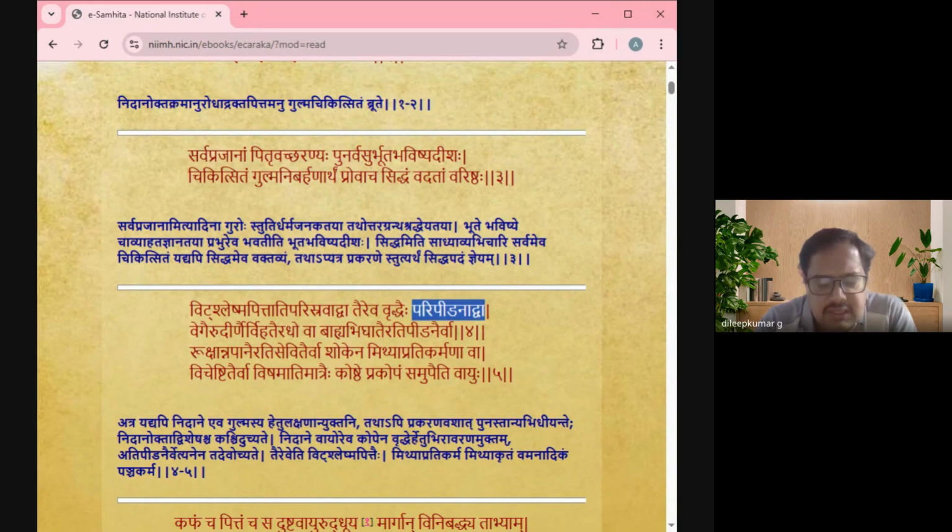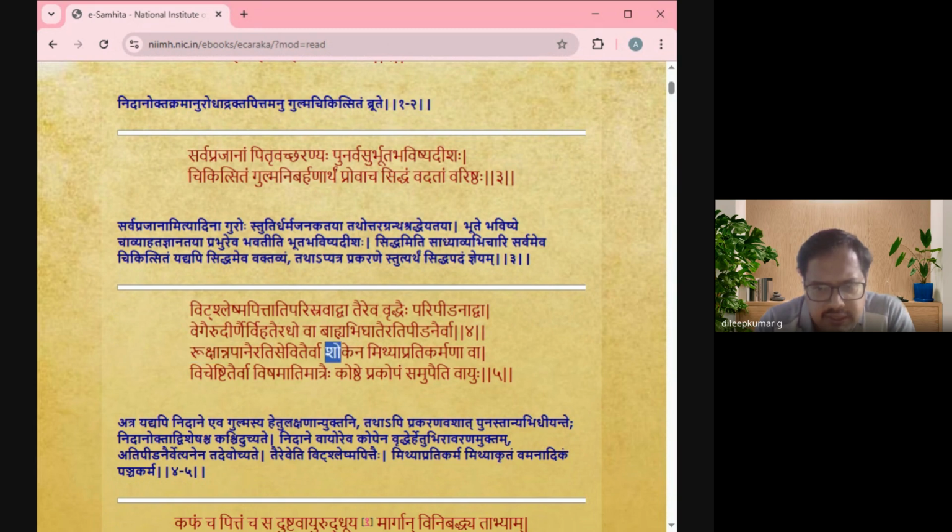If the vegas are suppressed or initiated, that will cause disturbance in the GIT tract. Bahya abhigatair atipidanirva: external injuries, external pressures over the GIT tract. Ruksha annapana. Ruksha annapana means devoid of snehamsha. If the ahara is excessively ruksha, devoid of snehamsha, that will also cause less secretions in the GIT tract.